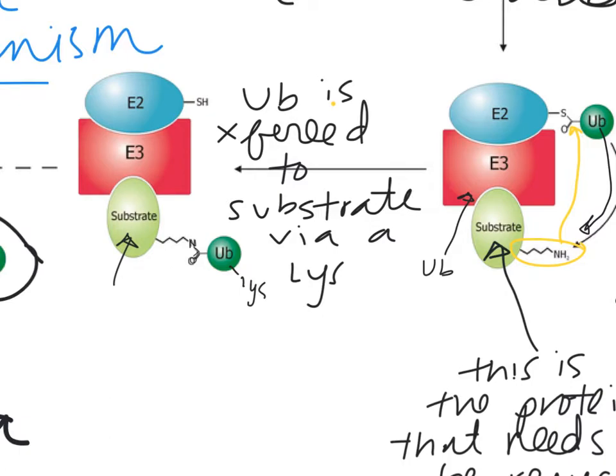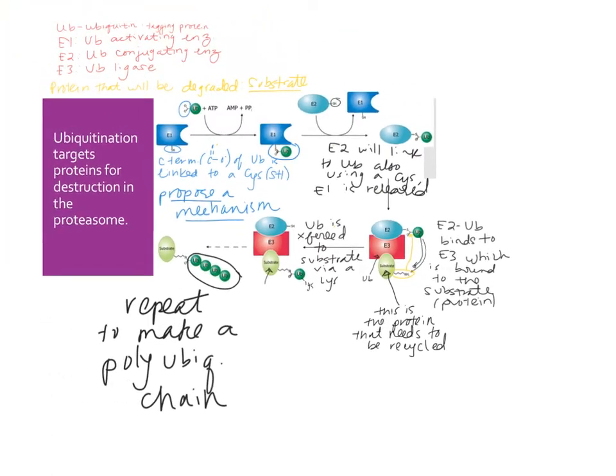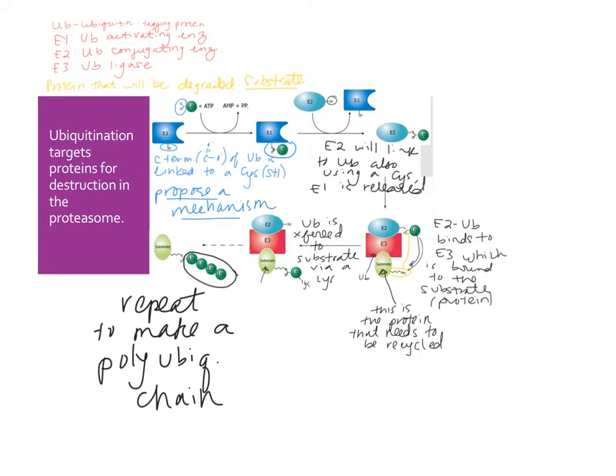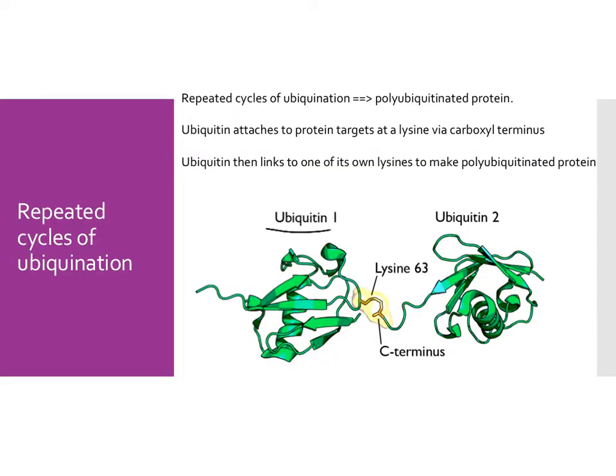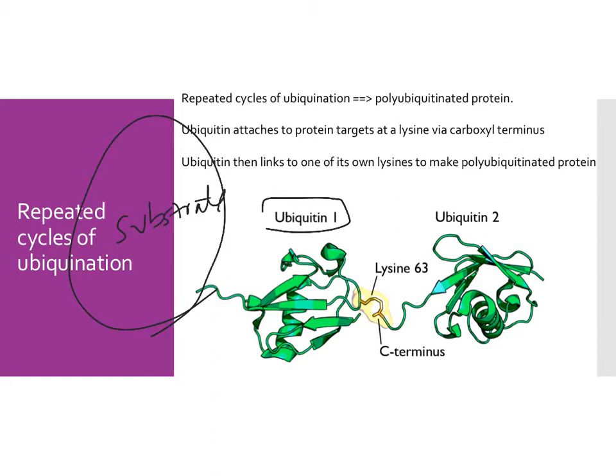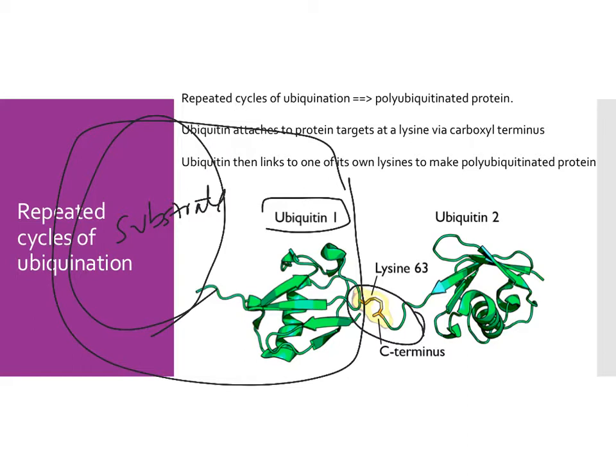Woof, that did not make sense. Let me see if I can move forward to the next piece and see if I can make that make a little bit more sense. So, yeah, move forward. Okay, so the first ubiquitin is attached to the substrate. Then this piece right here will go back around again, and then the second ubiquitin comes in and is linked C-terminus to a lysine on the first ubiquitin.